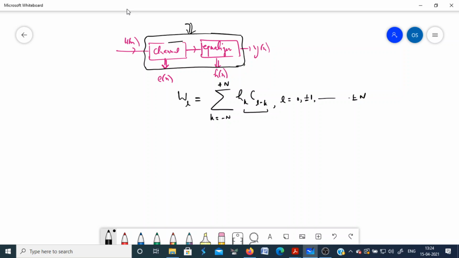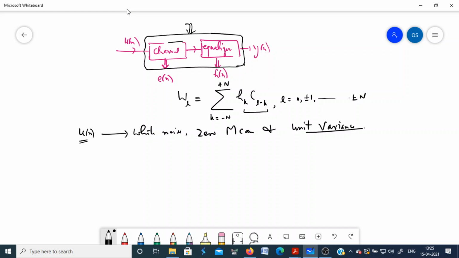Okay. Now let us assume that the input sequence that you are supplying to this communication channel is a white noise sequence with zero mean and unit variance. We have already discussed what a white process or white noise is.